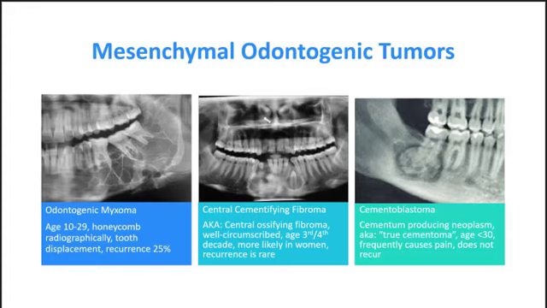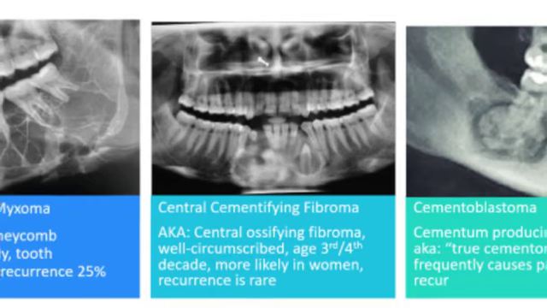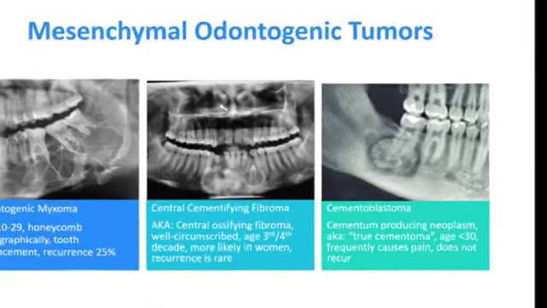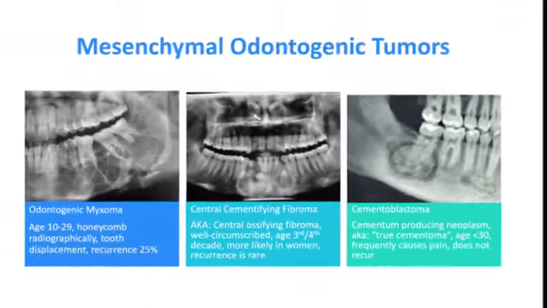These guys are well circumscribed lesions. They are more likely to occur in women, and once they are excised, recurrence is rare, thank goodness. Cementoblastomas are also deemed the only true cementoma because they actually do produce cementum, and these typically do not recur once they have been removed.